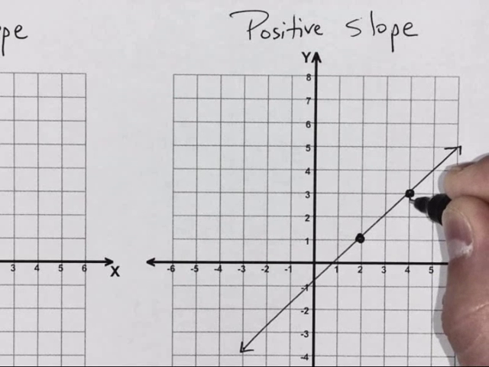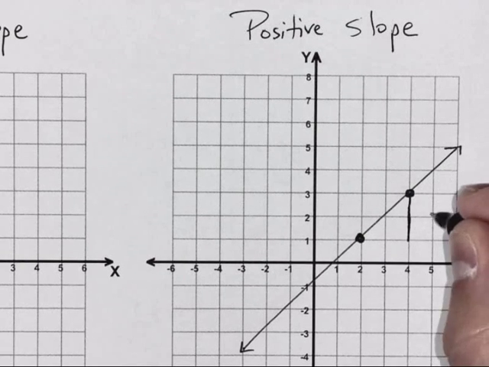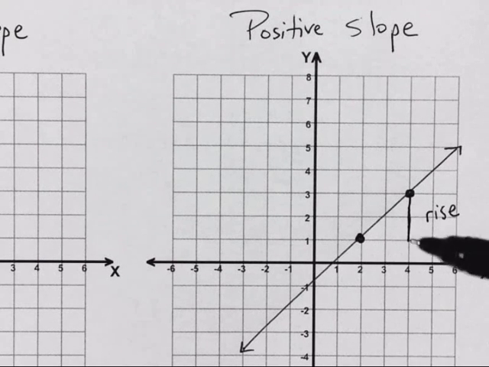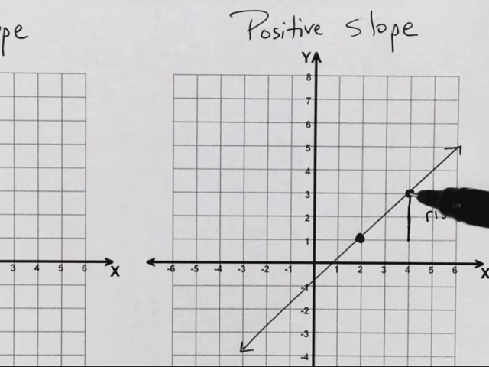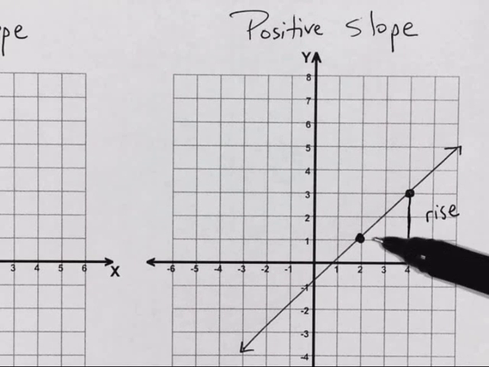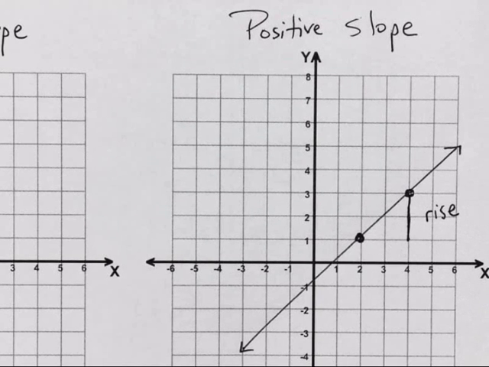The rise tells us the vertical change between those 2 points. That's depicted by moving from the lower point up to the upper point, and we can see that is a difference of 2 units. The y-coordinate for this point is 1, and the y-coordinate for this point is 3. Therefore, the rise equals 2.